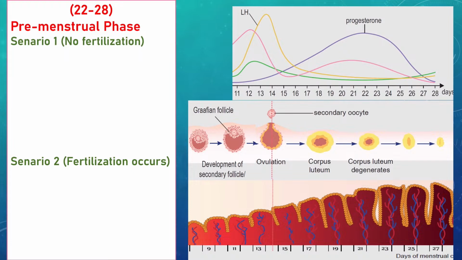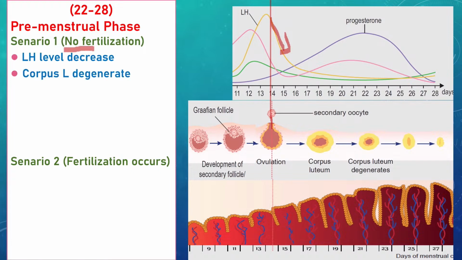Let's say there's no fertilization. Now what happened here? LH level will decrease. You can see the luteinizing hormone decreasing after ovulation. As the LH level decreases, what will happen? The corpus luteum will start to degenerate.